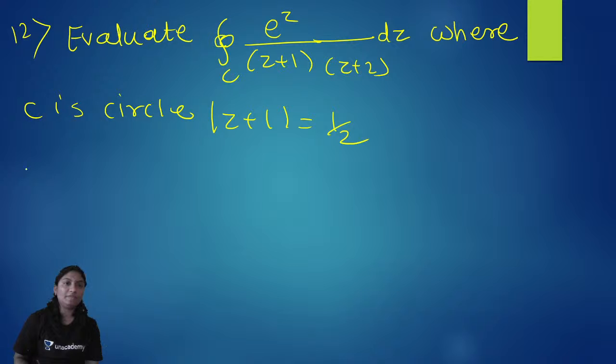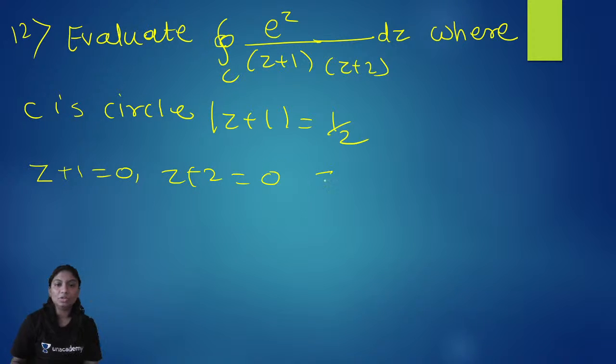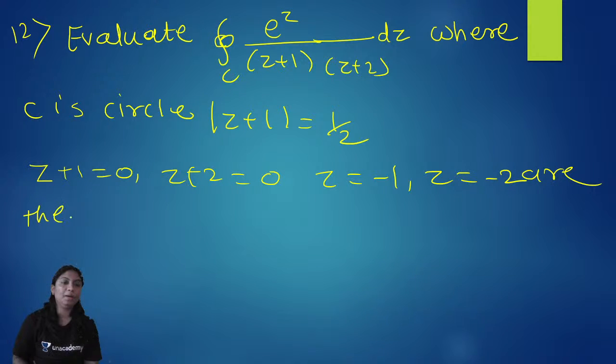So f of z is analytic everywhere except at z plus 1 equal to 0 and z plus 2 equal to 0, that is, z equal to minus 1 and z equal to minus 2 are the simple poles. But we will check whether they lie inside the curve C or not.